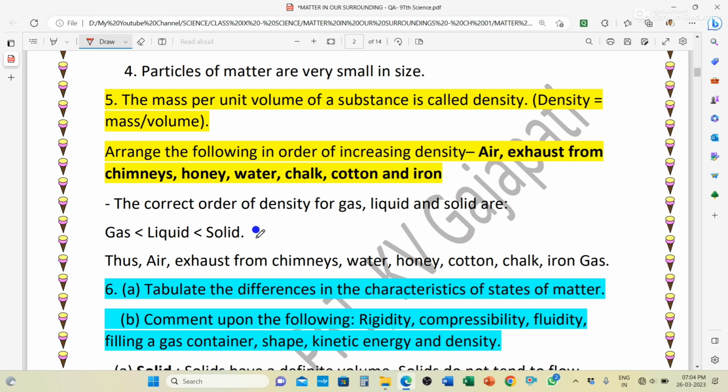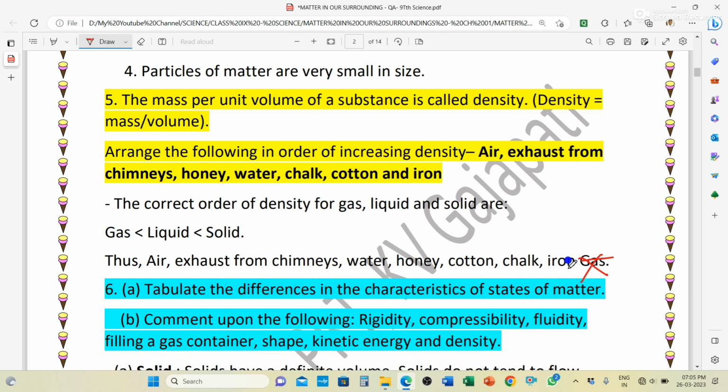So first, the thing with the lowest density will be air. Then exhaust from chimneys will have more density than air. Then water has more density than both of these, air and exhaust from chimneys. Then honey, then cotton, then chalk, then iron. So this is the ascending order. Gas was a printing mistake; it is only iron.